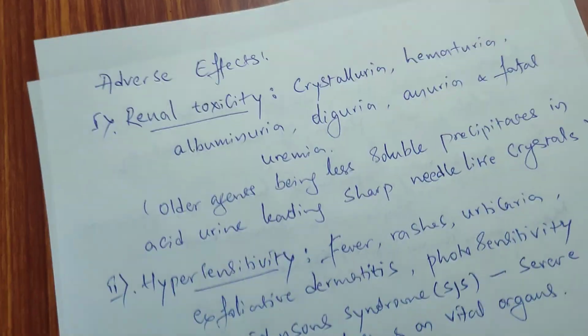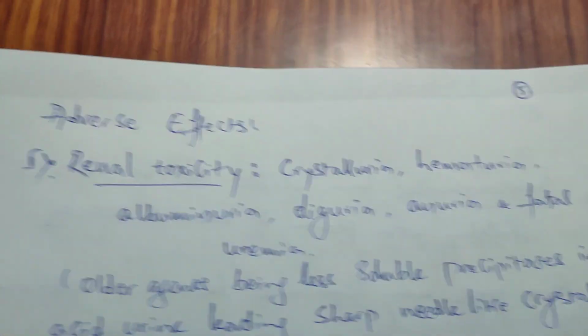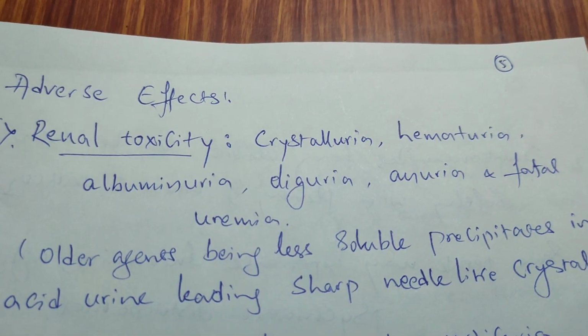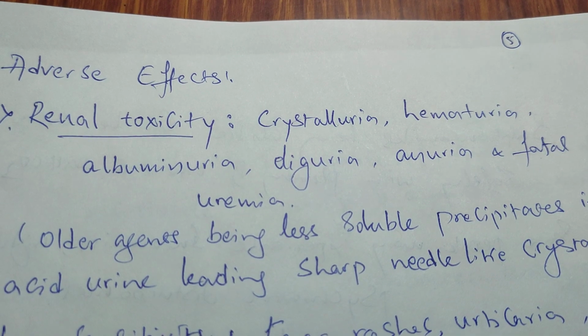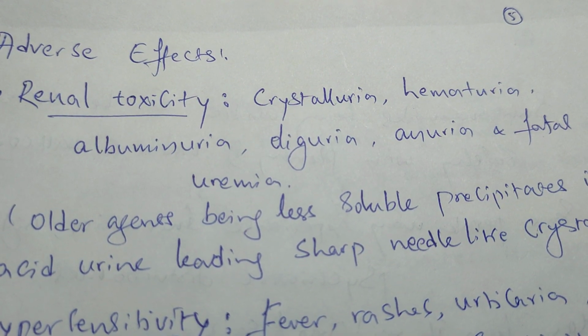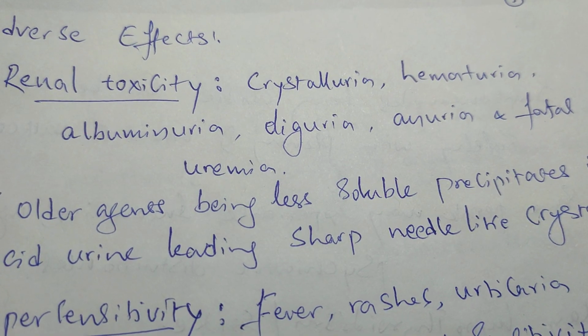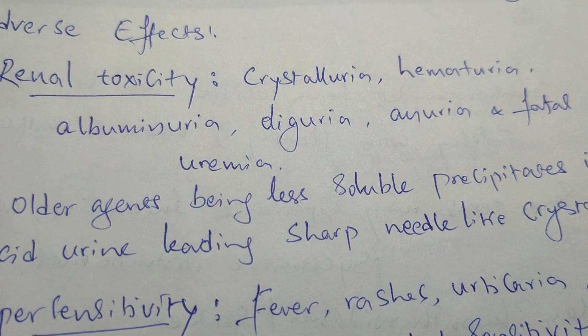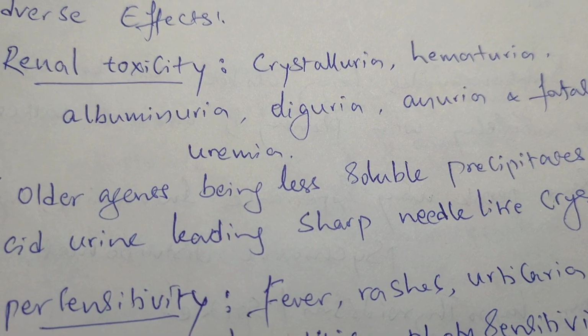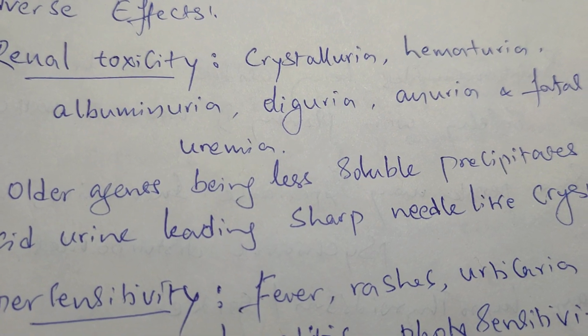Okay, next let us concentrate on the adverse effects of this class, sulfonamides. What are the adverse effects of sulfonamides? The first side effect, you should understand, is that sulfonamides are basically acidic drugs, and human urine is normally acidic in nature. So acidic drugs in acidic urine get precipitated.